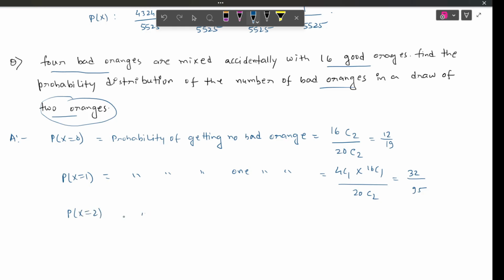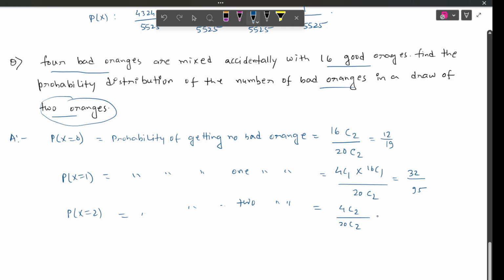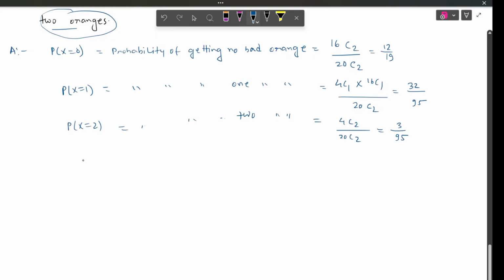Probability of getting 2 bad oranges. That means from 4 bad oranges you have taken 2 bad oranges out of total 20C2. This would be 3 by 95. So what would be our probability distribution table?